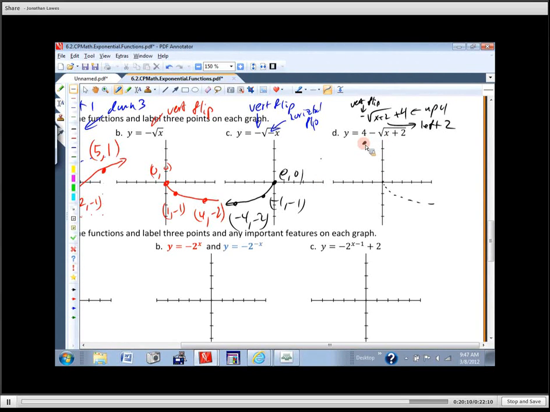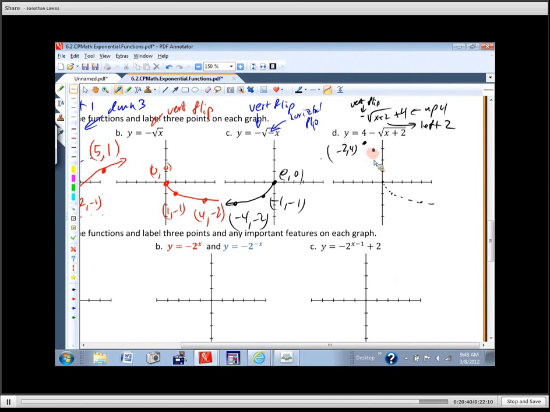Could you label that point? -2, 4. I need to take this point right here, and I need to go up 4, and I need to go left 2. So I'm going to go 1, 2, 3, 4, and left 2, 1, 2. I need to take this point right here, and I need to do the same thing with it.